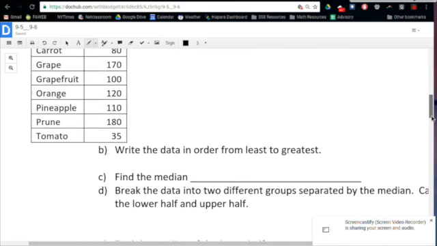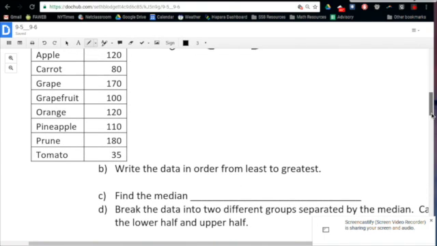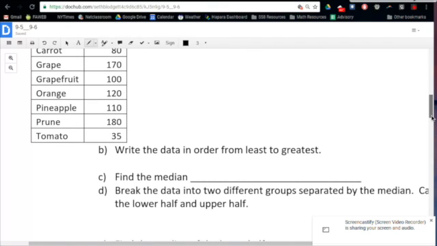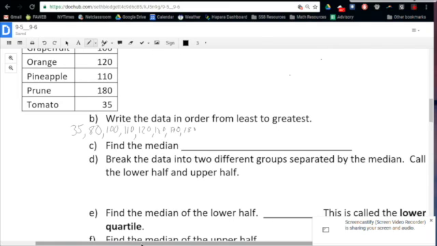Now I need to write this data in the order from least to greatest because I'm going to need to do that to find the median and then the upper quartile and the lower quartile. So go ahead and do that, and when you're done, compare it to my answer. Okay, so now I have them all in order: 35, 80, 100, 110, 120, 120, 170, and 180.